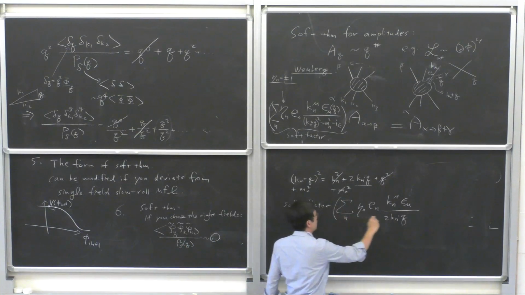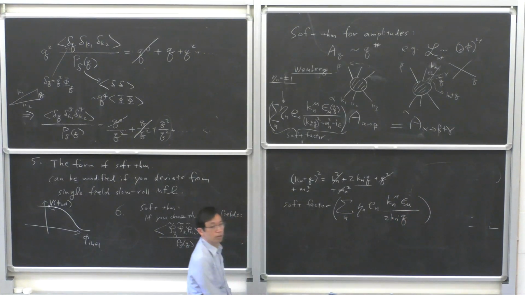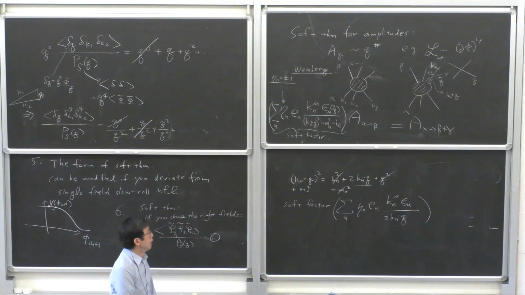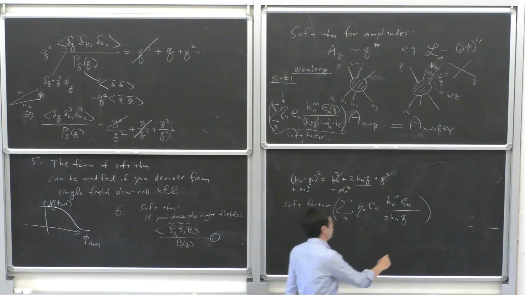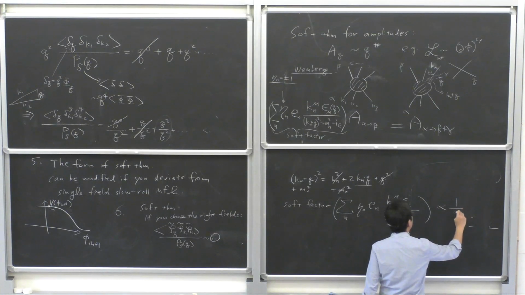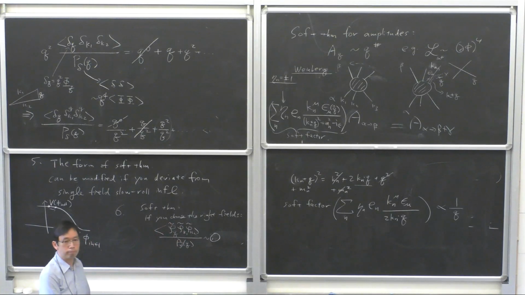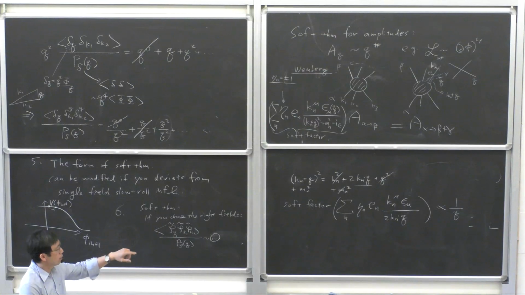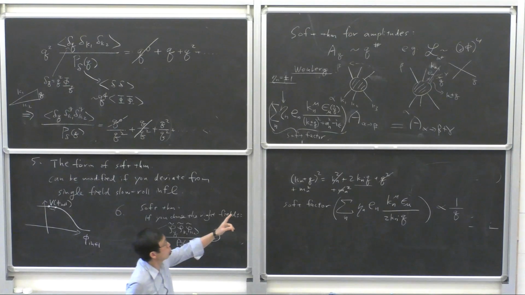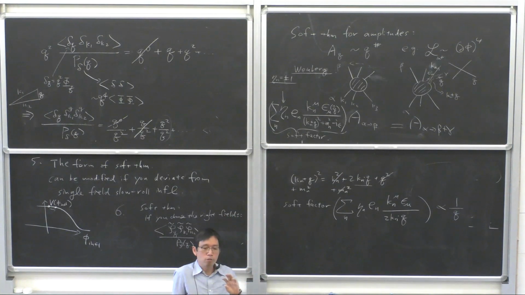So that's the soft factor now. Any questions about this? This basically tells you the amplitude has this behavior. It actually has a pole in the soft limit. It goes like 1 over Q. And by the way, the fact that it goes like 1 over Q, that the soft factor blows up when you make it soft, is the reason why, when you add the soft photon, you can just imagine you add it to an external leg.